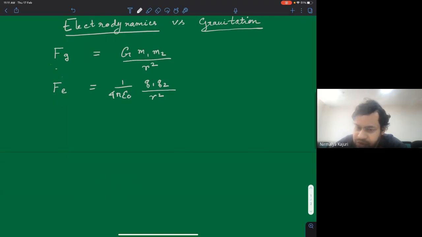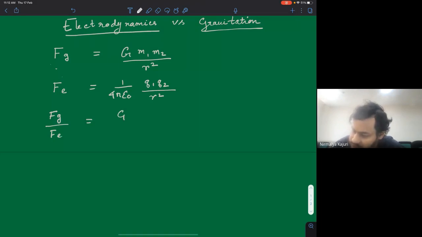So let us compare these 2 forces between, let us say, 2 electrons separated by the same distance. That would make sense. That would give us a comparison. 2 same things, and let us check what the gravitational force on it is and what the electrostatic force on it is. So Fg by Fe, and we're doing it for 2 electrons.